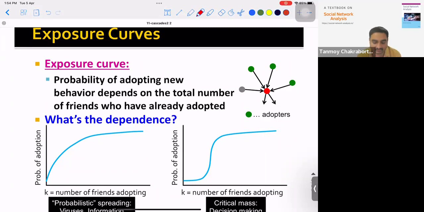If you try to understand this kind of behavior, you need to draw something called an exposure curve. What is an exposure curve? An exposure curve is the probability of adapting a new behavior. It basically says what the probability of a node adapting a new behavior is, depending upon the number of friends who have already adapted the strategy.